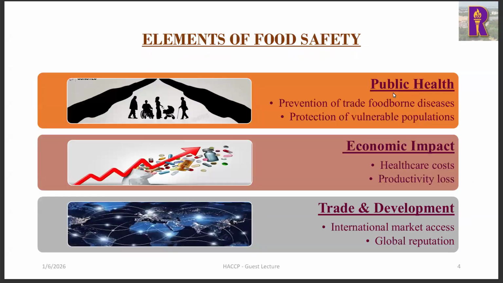And the important factors which are essential for food safety are public health and the economic impact, then trade and development. So let's take an example. We are all in the generation of post-corona.